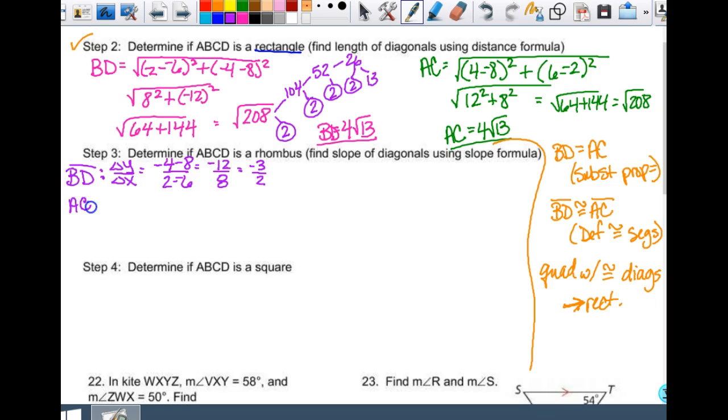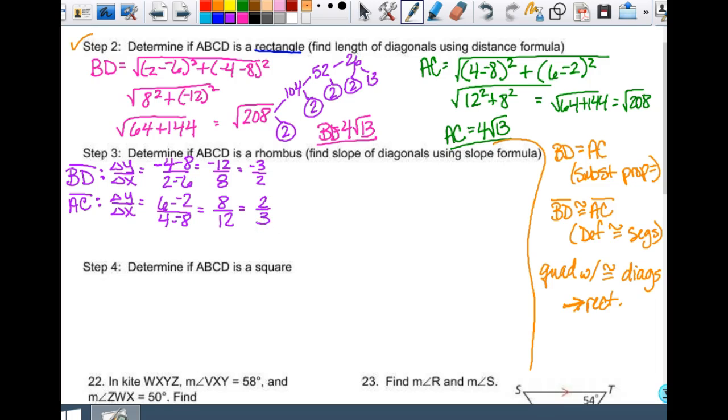Then for line segment AC, delta y over delta x is 6 minus a negative 2 over 4 minus a negative 8, which gives me 8 over 12, which is 2/3.